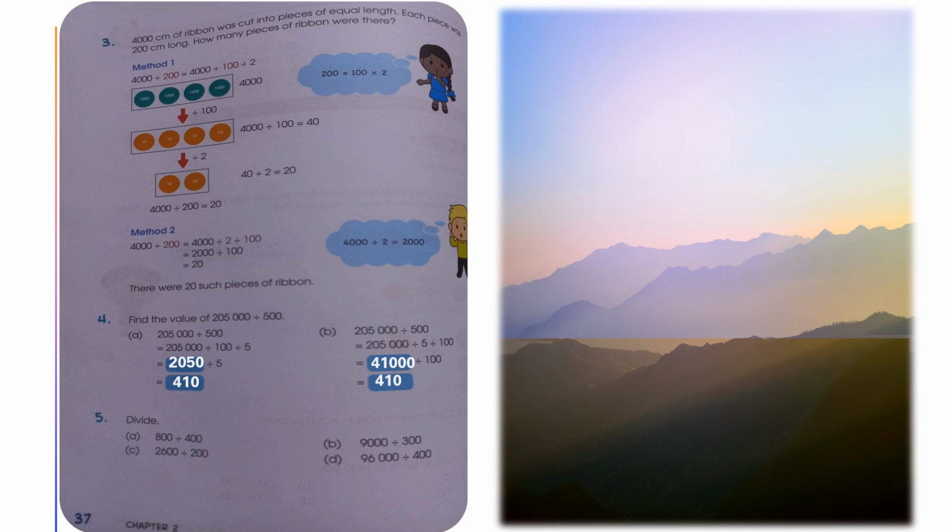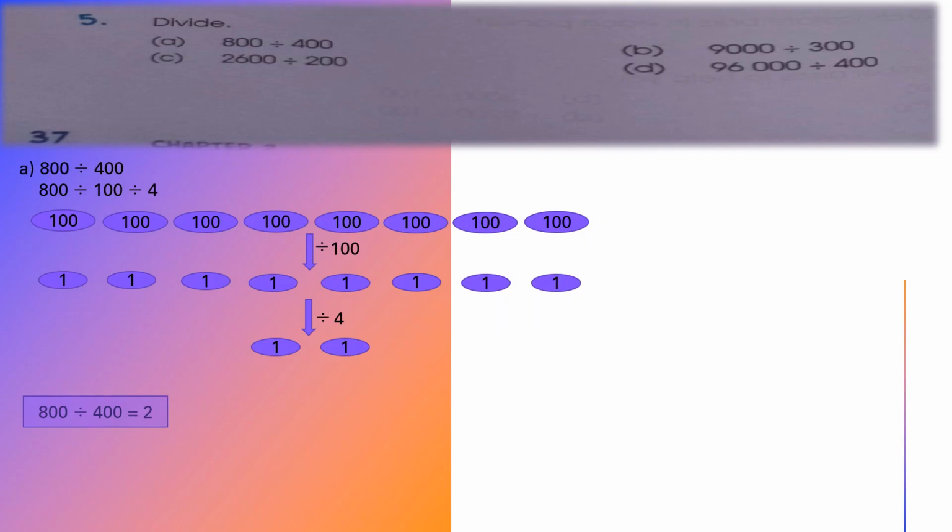In question 5, we have to divide and we have 4 parts here. So let's start solving one by one. In part A, we have to divide 800 by 400. Here we are going to break up 400 into 100 and 4.